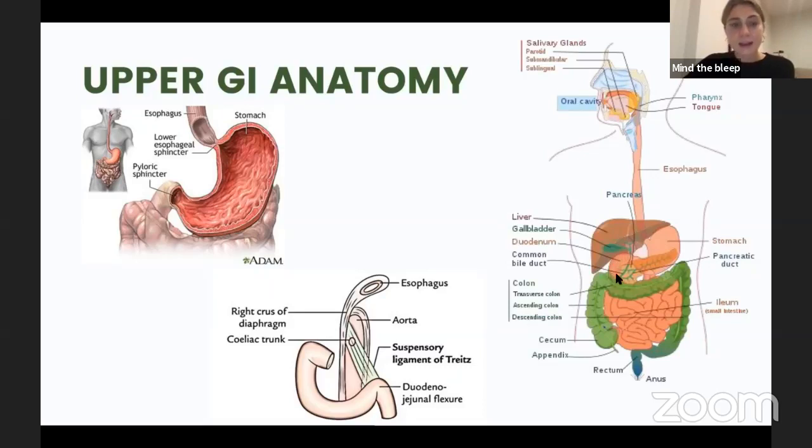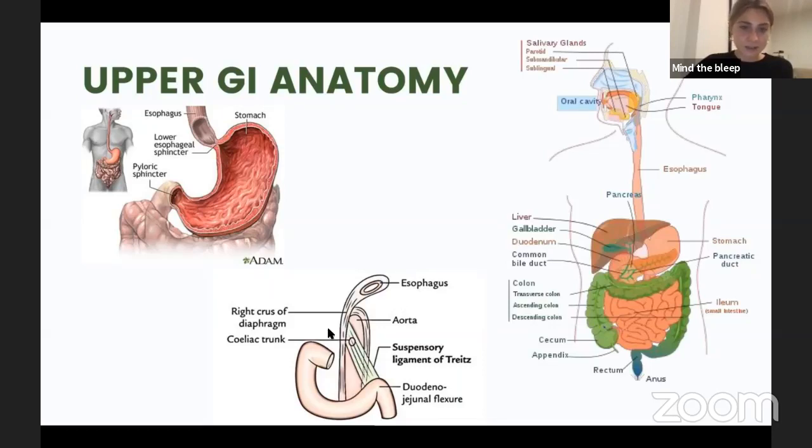Okay. And then the border between the upper gastrointestinal tract and the lower intestinal tract is in here at the third part of the duodenum. So just in here at the bottom, and it's along the suspensory ligament of Treitz.